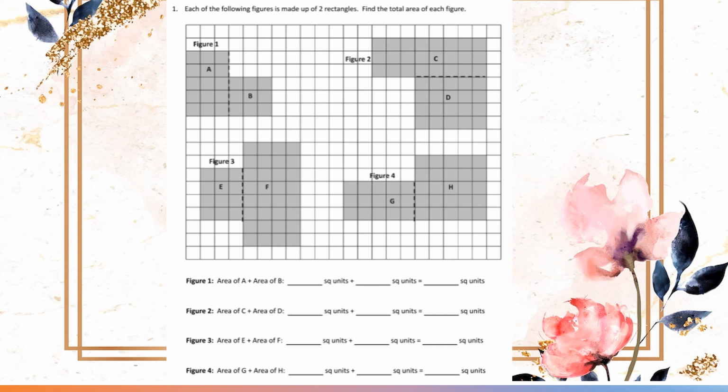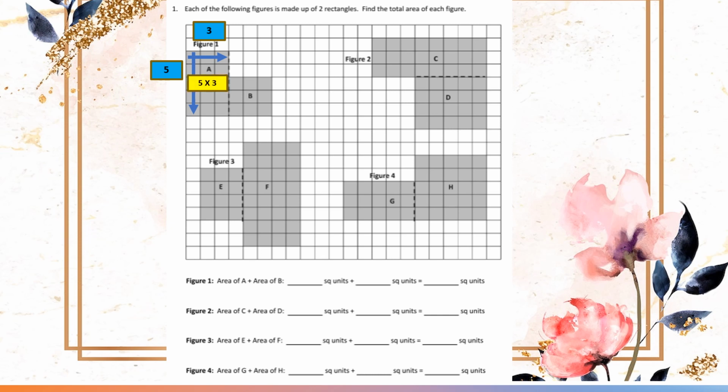We're going to start by counting the units for the length of A. There are 5 units that make up the length of A. Let's count the units that make up the width of A. There are 3 units that make up the width of A. So the equation for the area of A is 5 times 3.